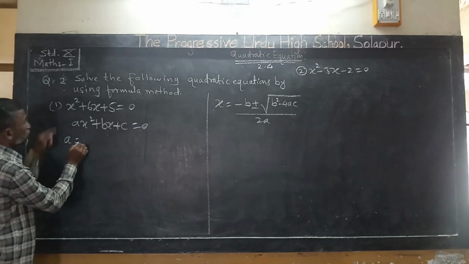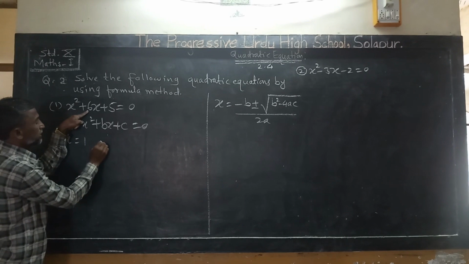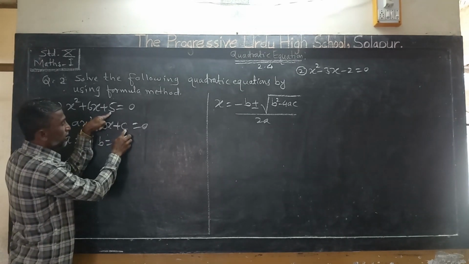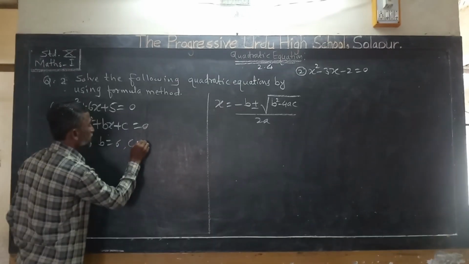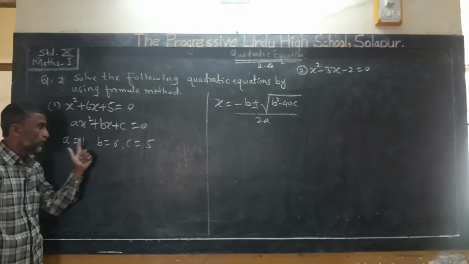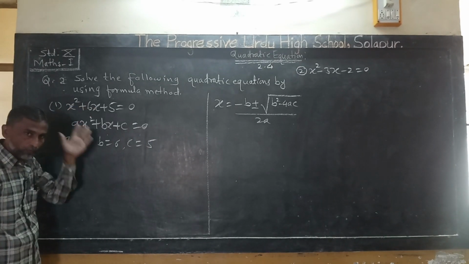Value of a, quadratic coefficient, is 1. Value of b is equal to 6. Comparing the last term, value of c is equal to 5. First, write the values of a, b, c comparing with the standard form.